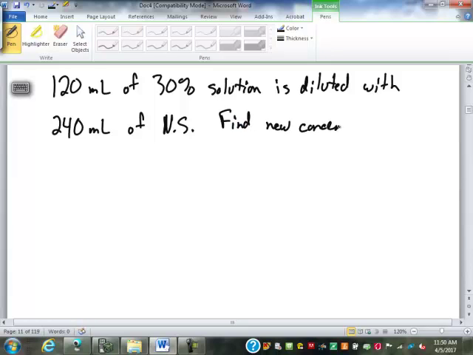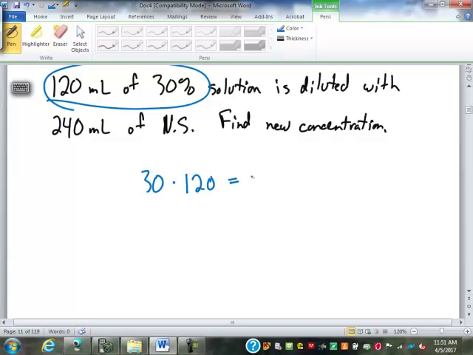So this is very similar to the last one with one little twist. We're not given the new volume. Now we have the original concentration and volume, the 30% times the 120 milliliters. We are looking for the new concentration, so C2. But that new volume is the original 120 milliliters plus the 240 milliliters that was added to it.